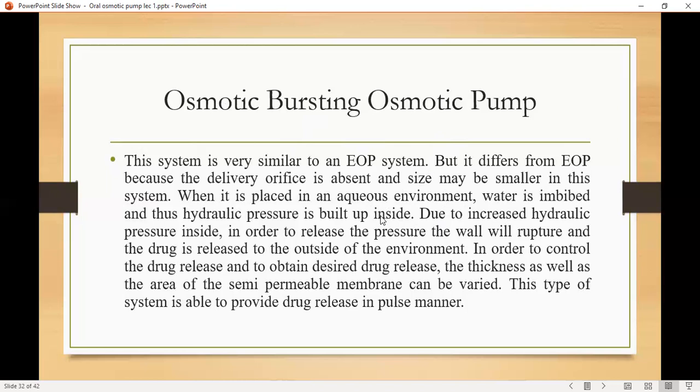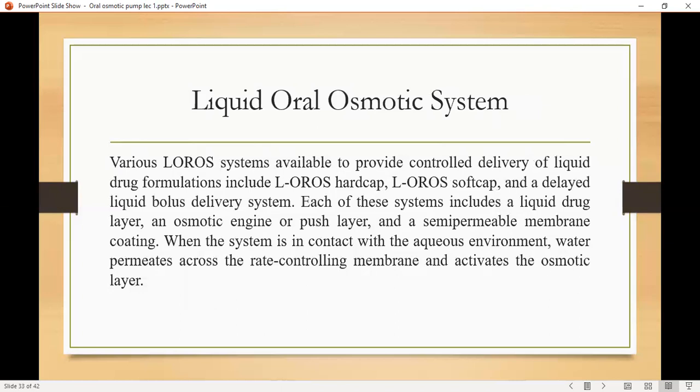There is no need for drilling a hole before taking the drug. So this is the difference between the bursting osmotic pump and the elementary osmotic pump system: this system does not contain any hole or orifice, but the orifice is produced after you take it, and then this pump will burst inside the body and produce a hole through which the drug will be released.